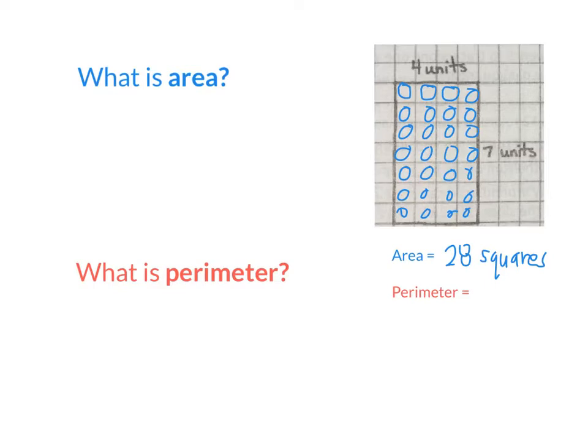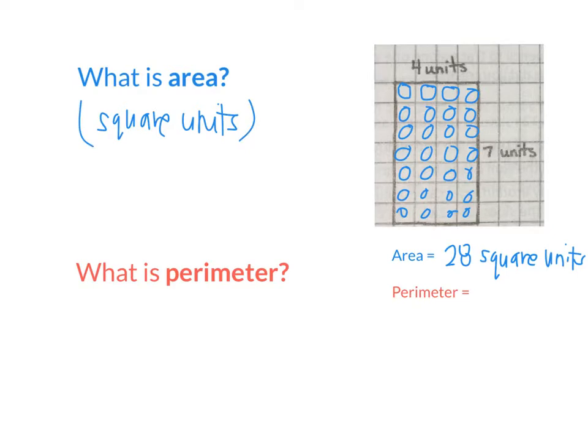Whenever we are talking about area, we are talking about 2 dimensions, okay? Because it's the amount of space a two-dimensional object takes up. So it's always measured using square units, okay? So the area is not 28 squares, it's 28 square units.